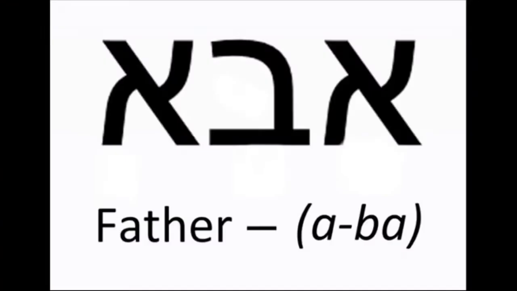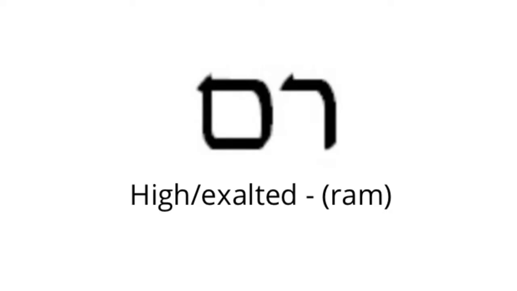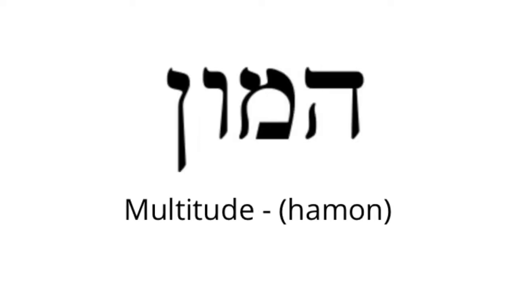Quite simply, the acronym seems to only change subtly, but it's actually changing from a two-word acronym to a three-word acronym. So you now have father, Ava, Aleph, Vet, Aleph, Ram, Resh, Mem, and now the third word, which means multitude, Hamon, He, Mem, Vav, Nun.